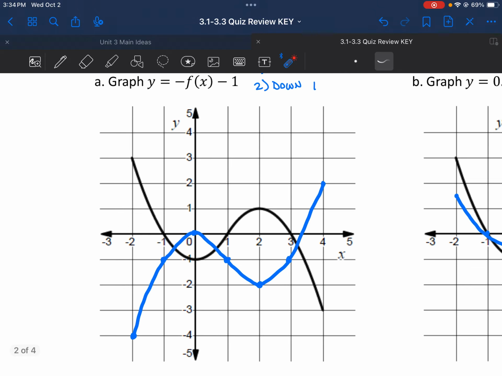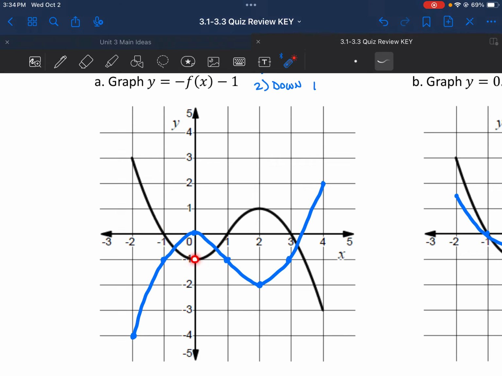So I'm taking these points. For example, I took this point, reflected it across the x-axis, and then I shifted it down 1. So that gives me this point. And then I just look for more points to do that. Here's another point right here. Reflected across the x-axis. Well, it's already on the x-axis, so you can't reflect it across it. And then you shift it down 1.